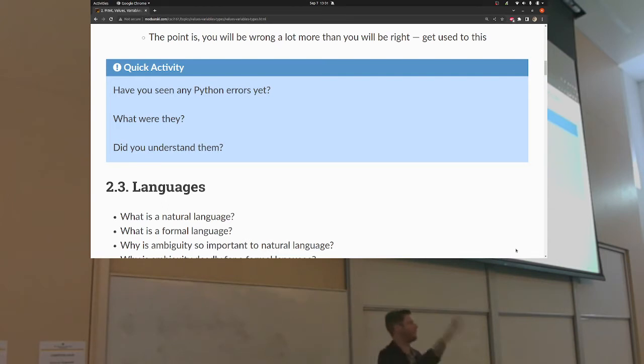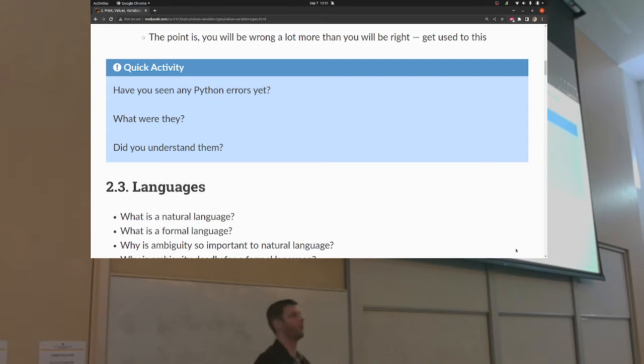Probably said something like syntax error or... Syntax error. That is a bug. Now, what syntax error means is Python's trying to read what you wrote and it goes, not a thing. So a syntax error might be a simple bug.